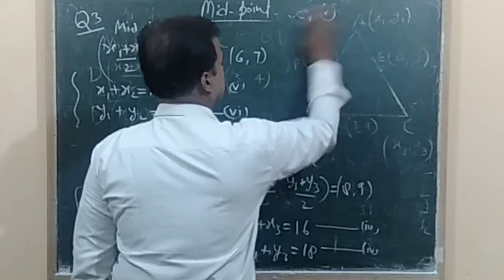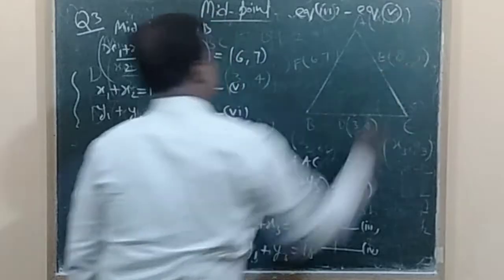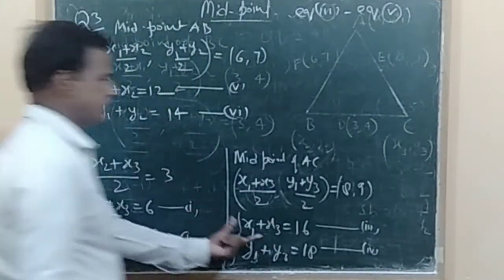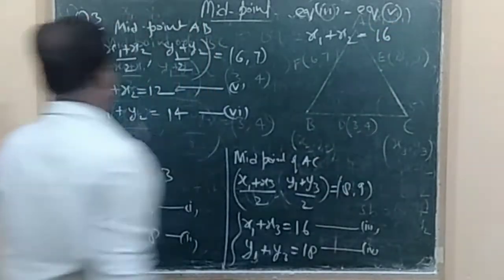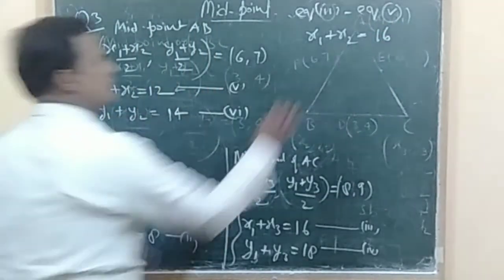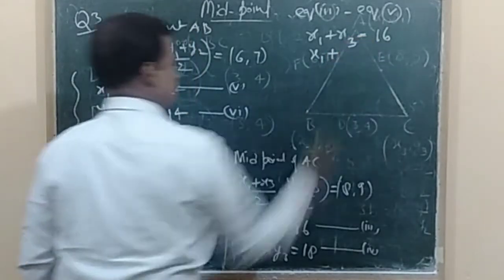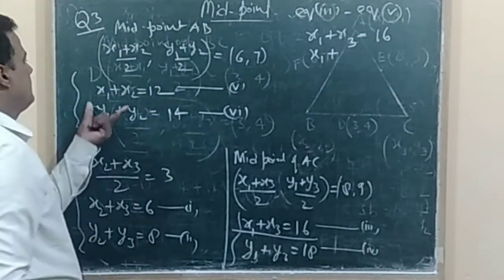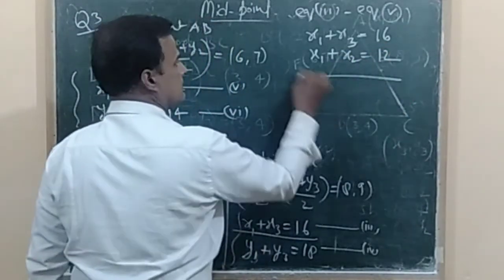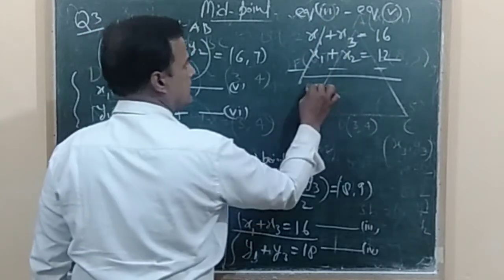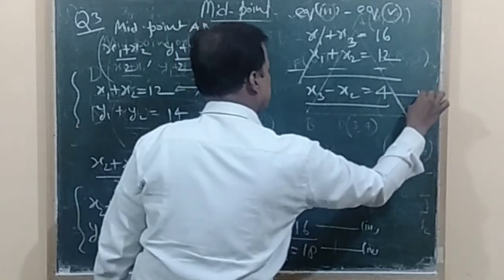Equation 3 minus equation 5: equation 3 is x1 plus x3 equals 16, and equation 5 is x1 plus x2 equals 12. Subtracting, x1 cancels. Here we get x3 minus x2 equals 4. This is equation number 7.